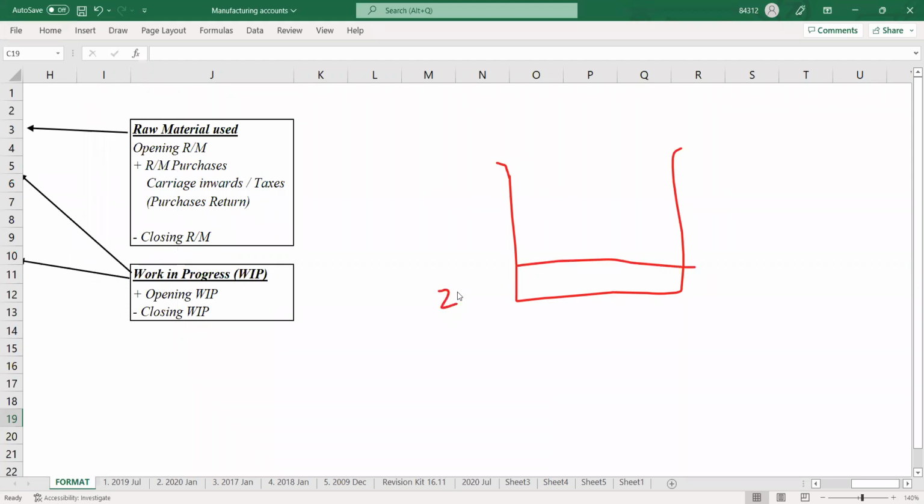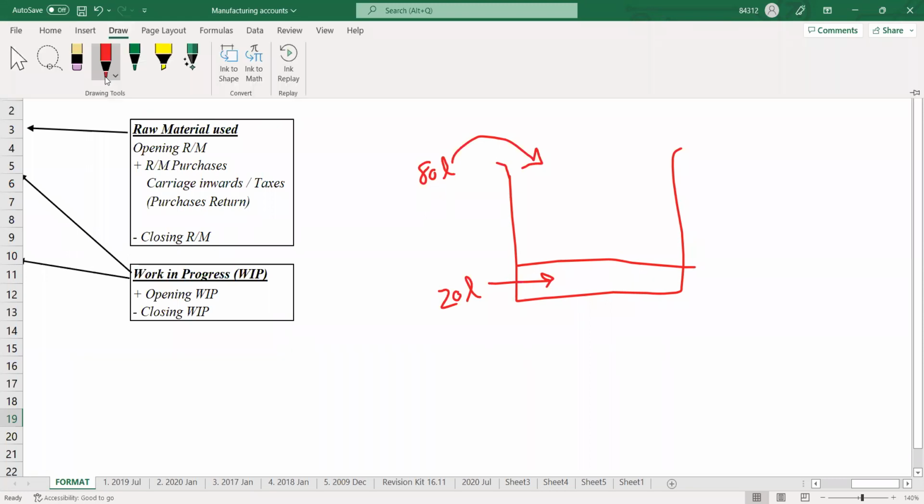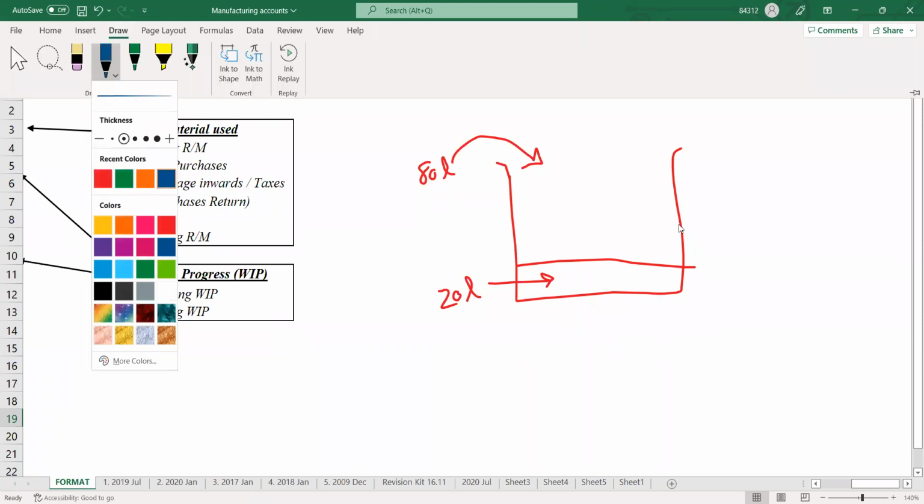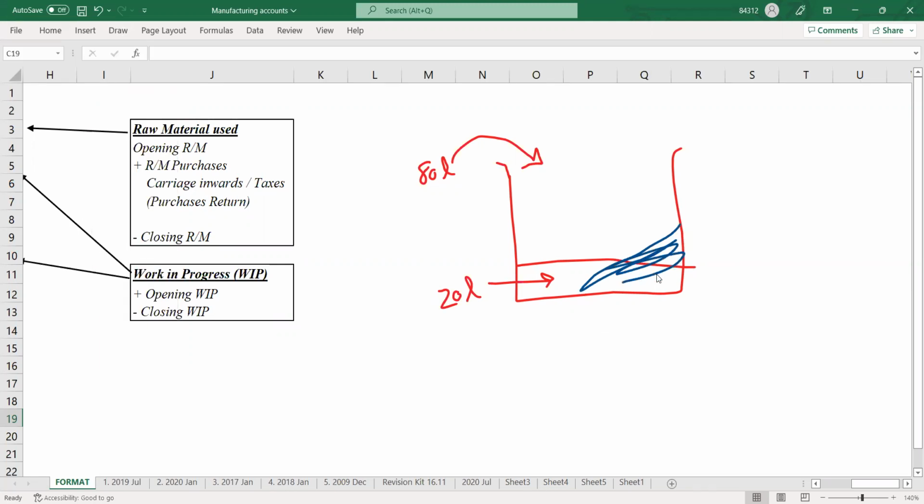At the beginning, there is 20 liters of oil, opening stock. Then you purchase 80 liters of oil. At the end, you have a closing stock of 40 liters.